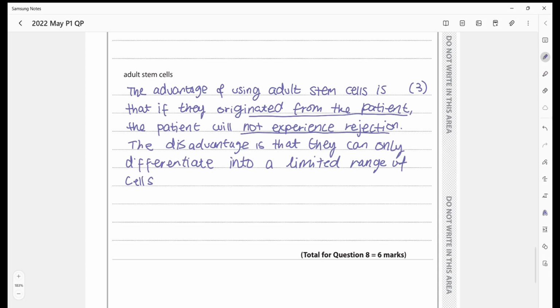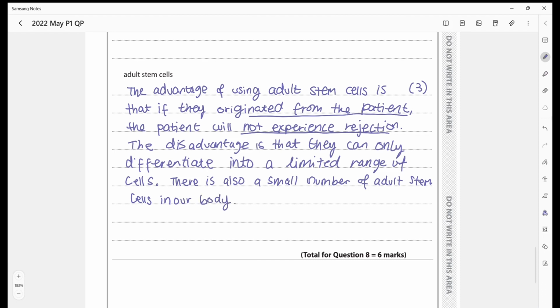Another disadvantage is that there's a very small number of these adult stem cells found in our body anyways. So let me just write that down. There is also a small number of adult stem cells in our body.